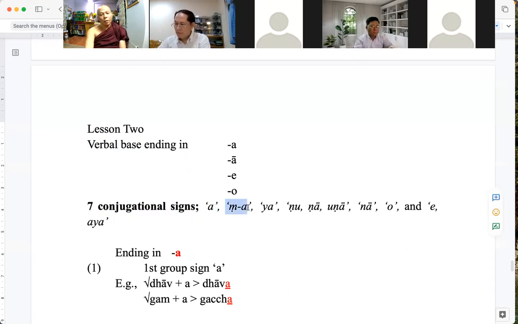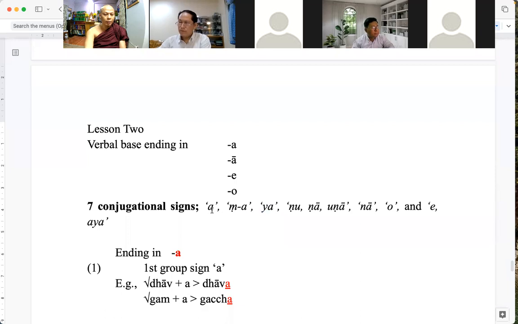The second is also a, but a nasal is inserted in the root. And then the third conjugational sign is ya.